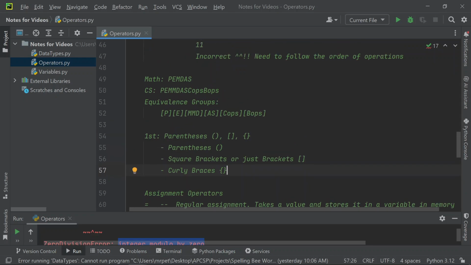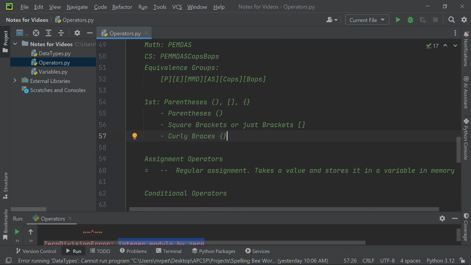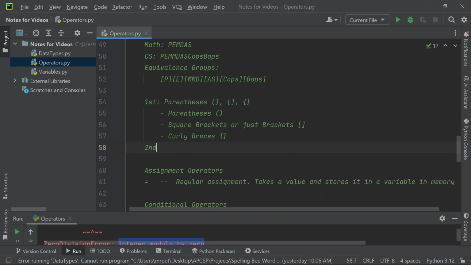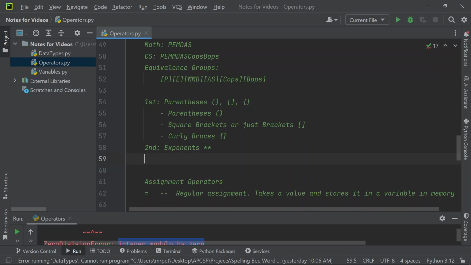They're not going to be used necessarily in an expression, but we still evaluate these first. What else? The E group. The E stands for exponents. Well, we only have one exponent operator, so we would evaluate that next.